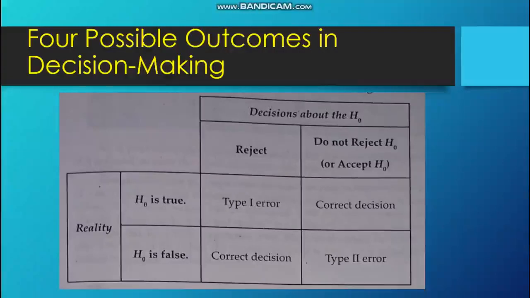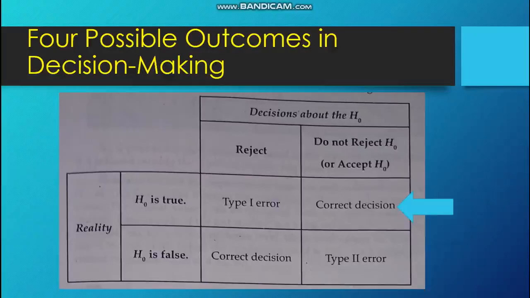From the table, mapapansin ninyo, kapag yung ating null hypothesis is true, ito nasa left side, yung reality, and then we accept the null hypothesis because this is true, ibig sabihin, we do not reject the null hypothesis, we're doing the right decision. Okay?